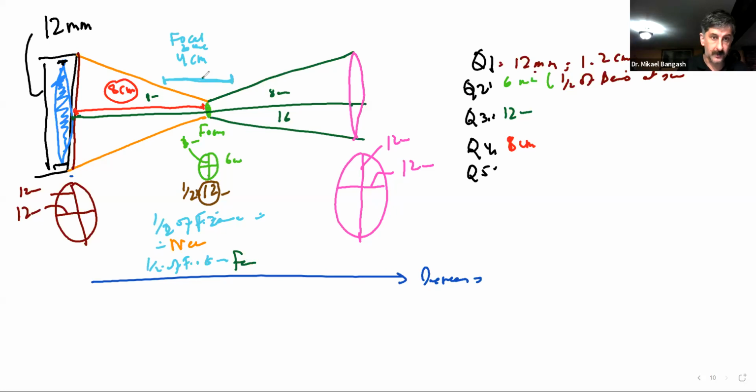So half of your 4 centimeters is going to be 2 centimeters falling into the near zone, and 2 centimeters falling into the far zone. Clear?